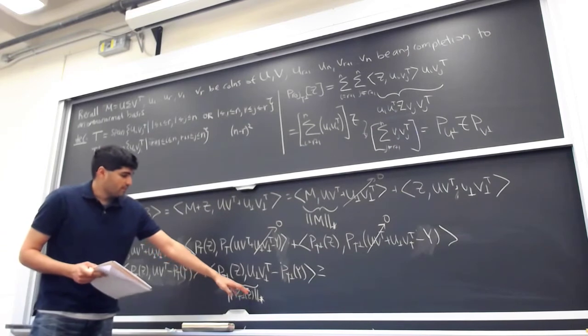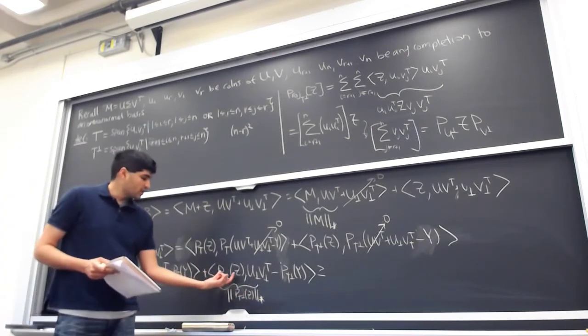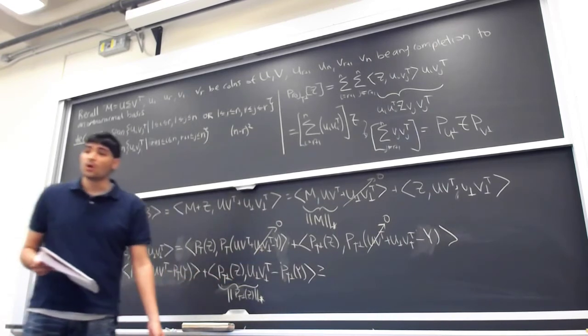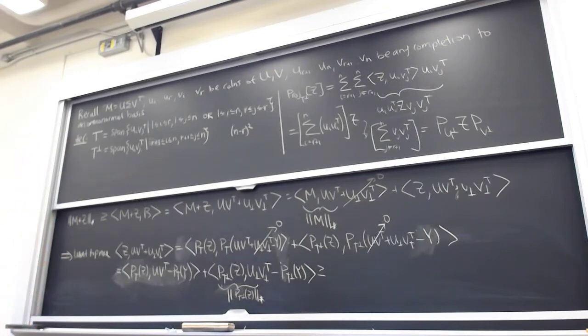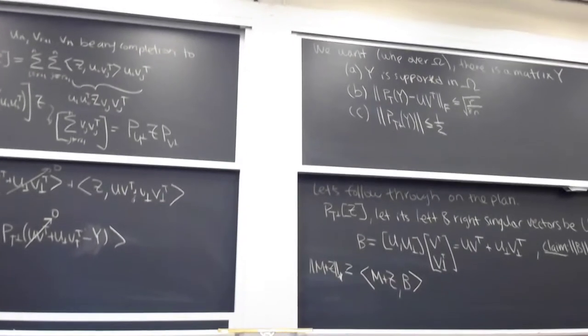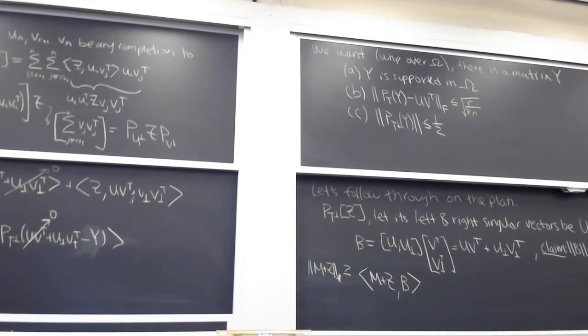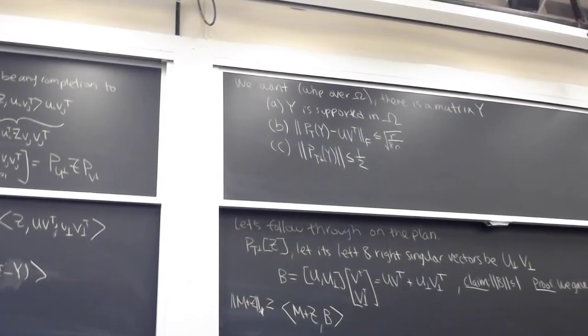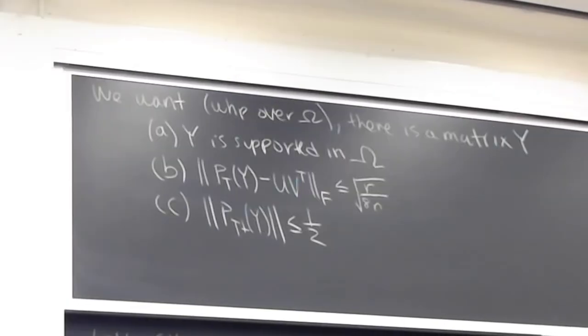And the other thing I claim is, how large can PT perp Z's inner product with PT perp of Y be? And the hint is to use one of the three properties of Y. That's a half of the nuclear norm. Yeah, it can be at most half of the nuclear norm, because the operator norm of PT perp of Y is at most a half.